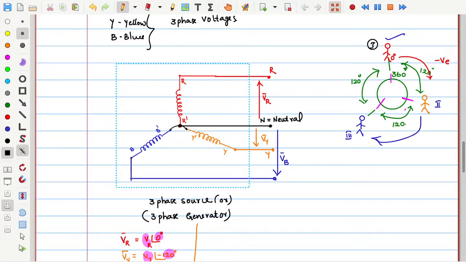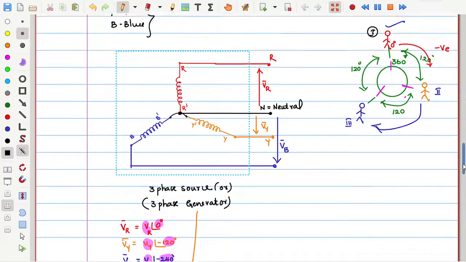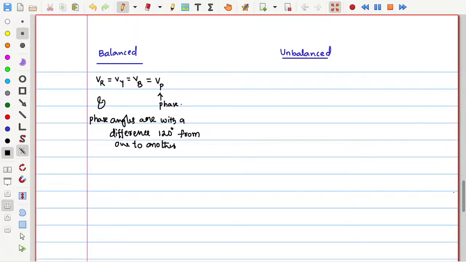Why? Because here 240 is gone. What is left out is 360 minus 240, which is 120. So in this way, if they are sharing that entire 360 degrees in a balanced manner, that is, one person to the next person and the next person to the further next person have a difference of 120 degrees, then it is called a balanced system.